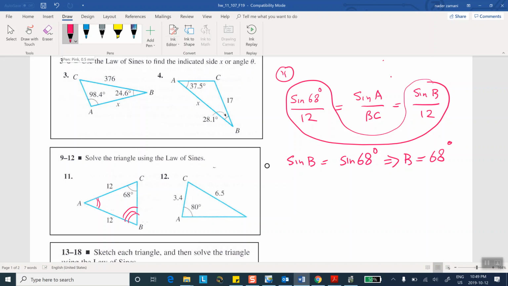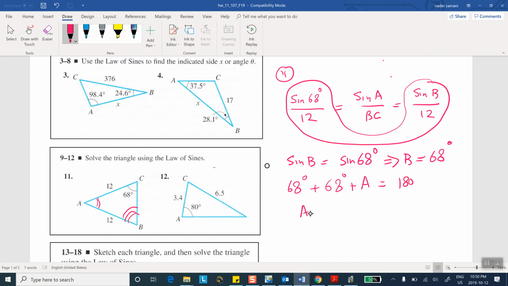Now in order to find A, the sum of these three angles should add up to 180. So we go 68 plus 68 plus angle A equal to 180.